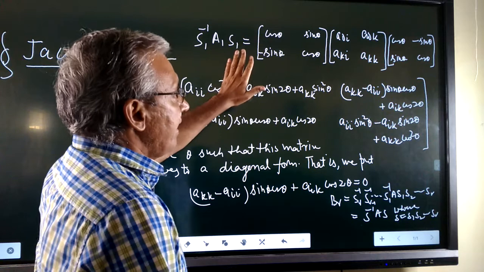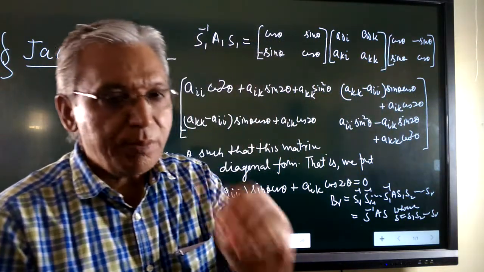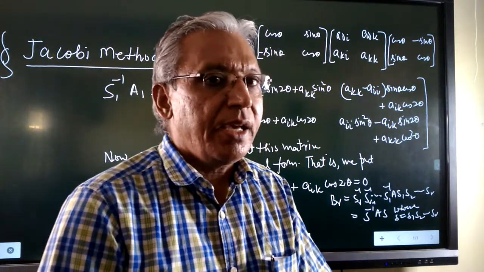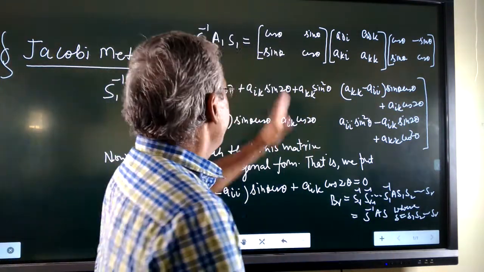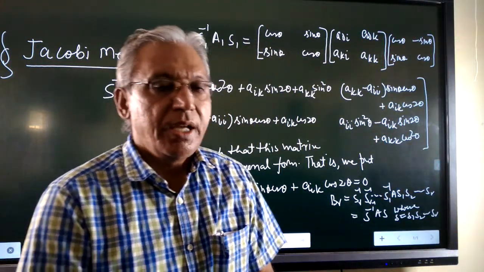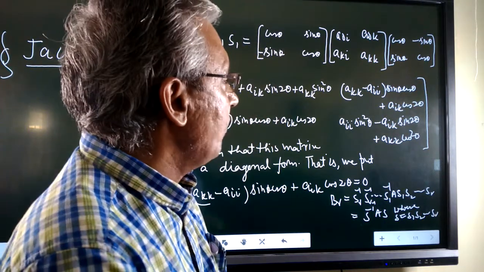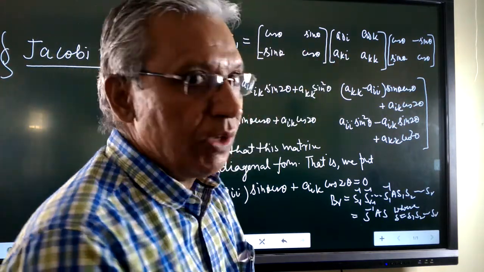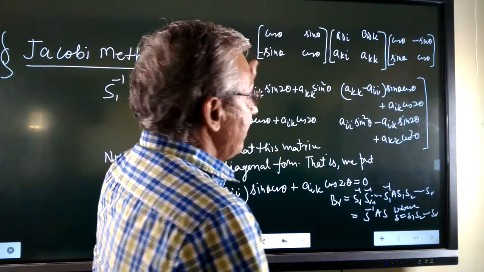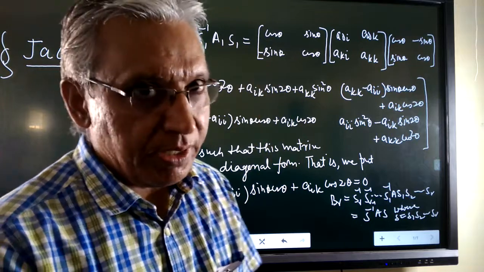Here A1 is a 2 by 2 matrix which is formed by the elements Aii, Aik, Aki and Akk. This S1 is an orthogonal matrix. Here we have to find out the value of theta, for which this matrix should become a diagonal matrix.